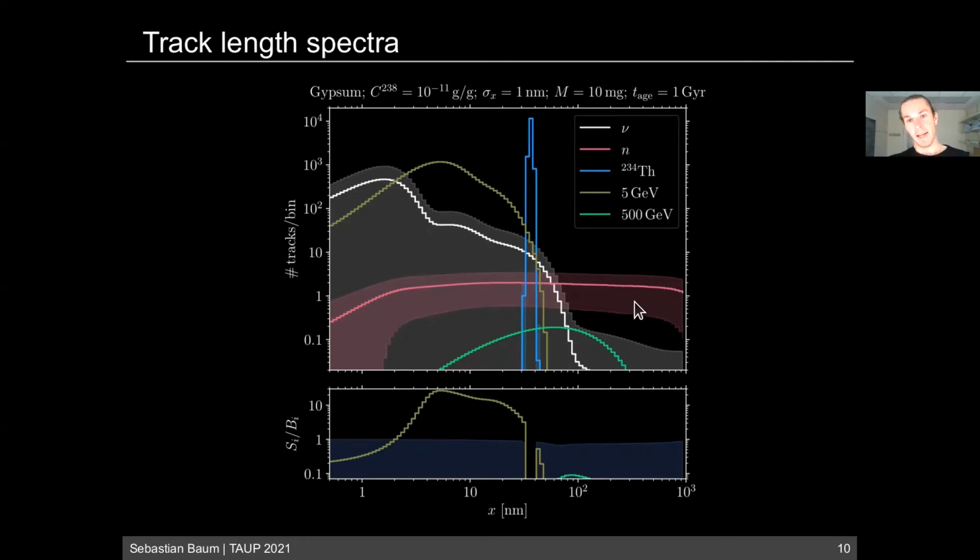The pink band is the radiogenic neutron-induced backgrounds, and then there's this narrow background peak that comes from some particular radioactive decay. So at short track length, you're dominated by the neutrino-induced backgrounds. At longer tracks, you're dominated by neutron backgrounds, and then there's this little peak in the middle.